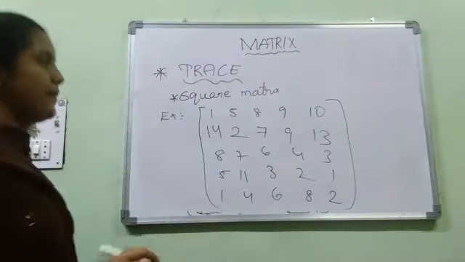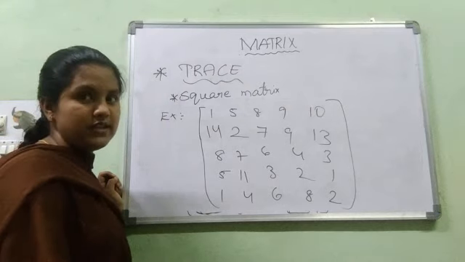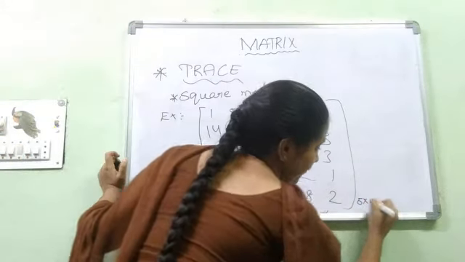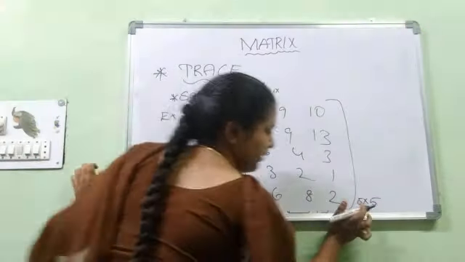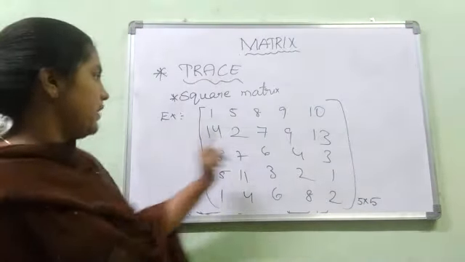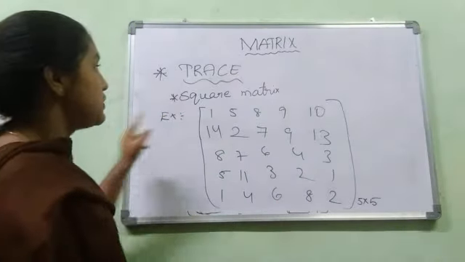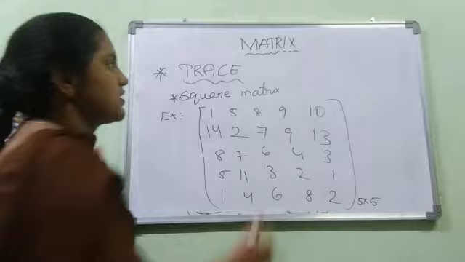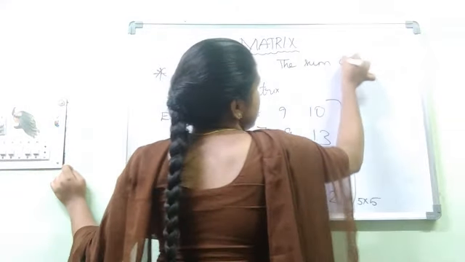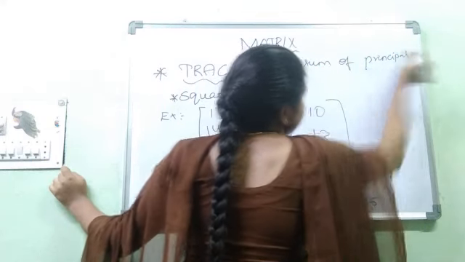So this is the example. This is a square matrix itself, and the order is 5 into 5. The row number is 5 and column is 5. So what is trace? It means the sum of principal diagonal elements.